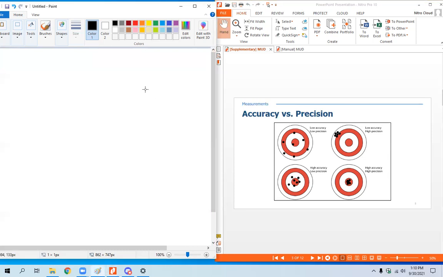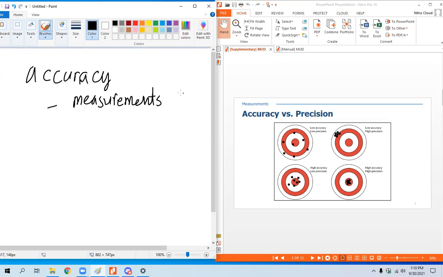So accuracy is when your measurements are close to the true value or the theoretical value.